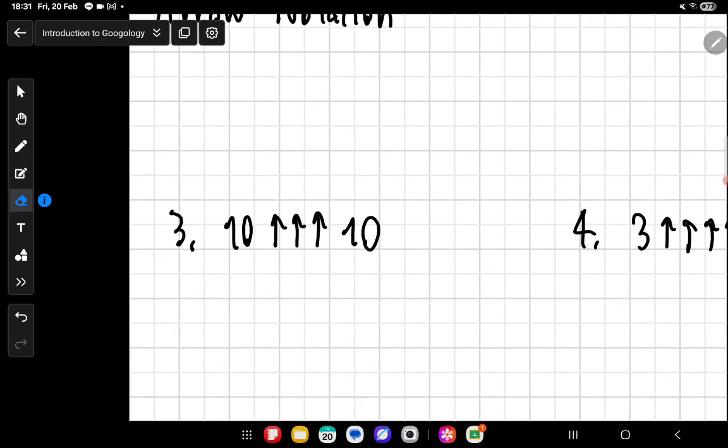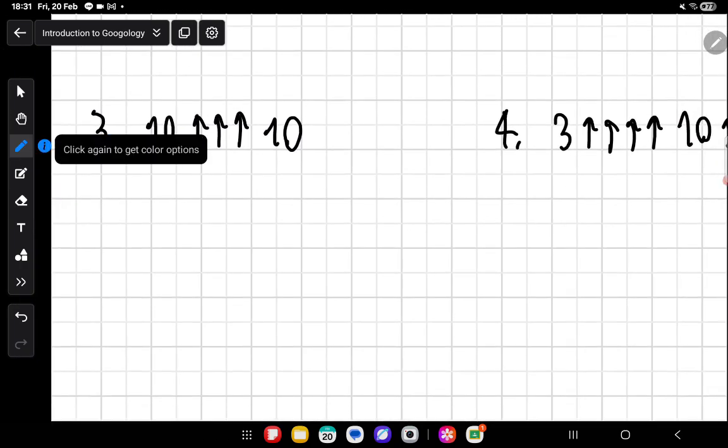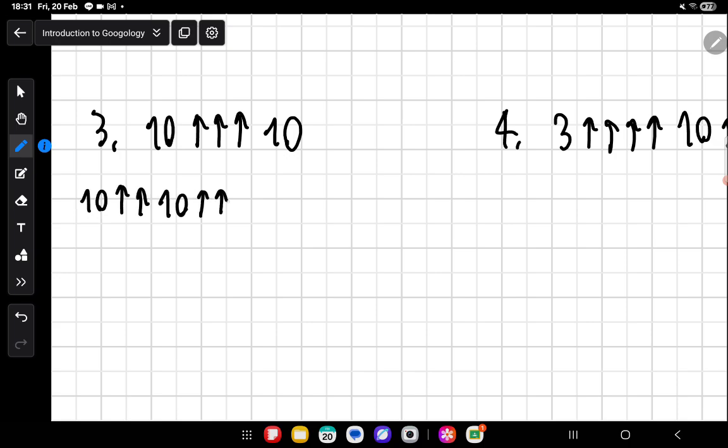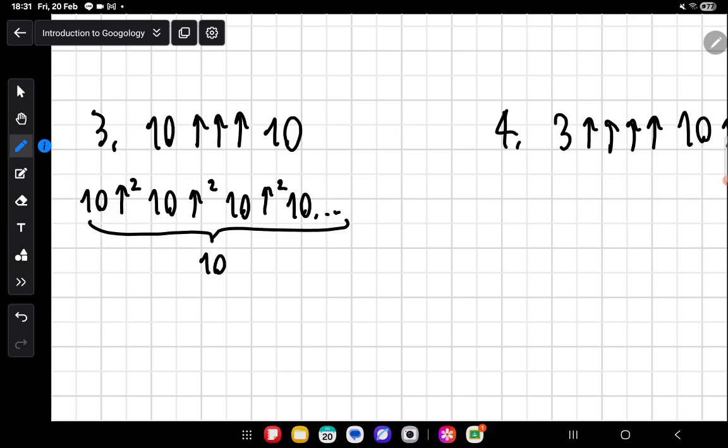Question 3, 10 triple up arrow 10. How will we break this down with the knowledge that we've learned? First off, we can break it down into double up arrows. Now for convenience, let's write it as arrow squared. 10 arrow squared 10, and so on, in a total of 10 times.